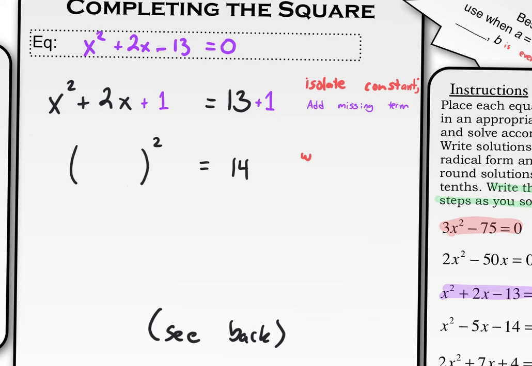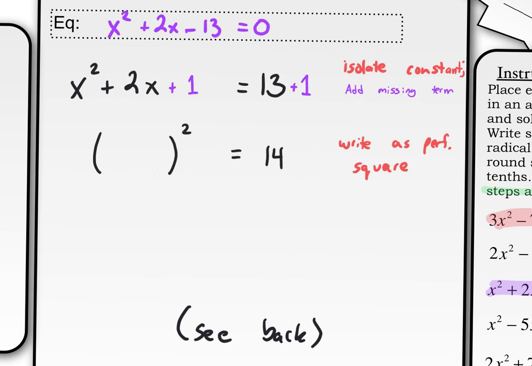We write as perfect square. There's my steps. Now, the next step is I'm going to take the square root. Take the square root. So whatever this simplifies to, and that's inside here, that's going to be on this side equals plus or minus the square root of 14.